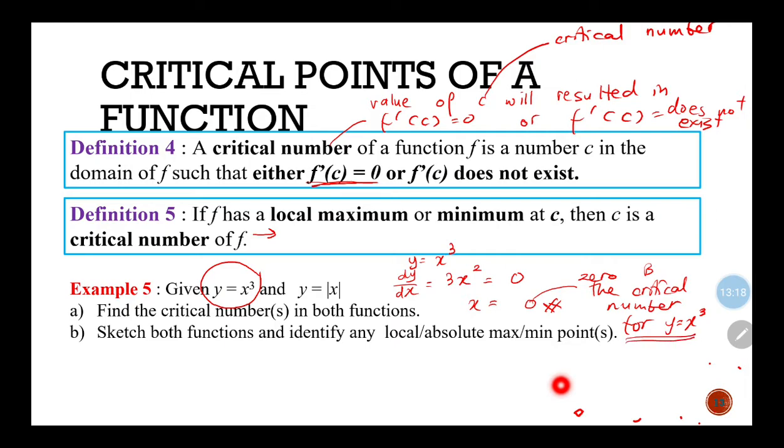Now sketch the function y equals x cube. The function should be like this, right? I'm pretty hopeless in sketching graphs, but I try to do my best. So this is y equals x cube.